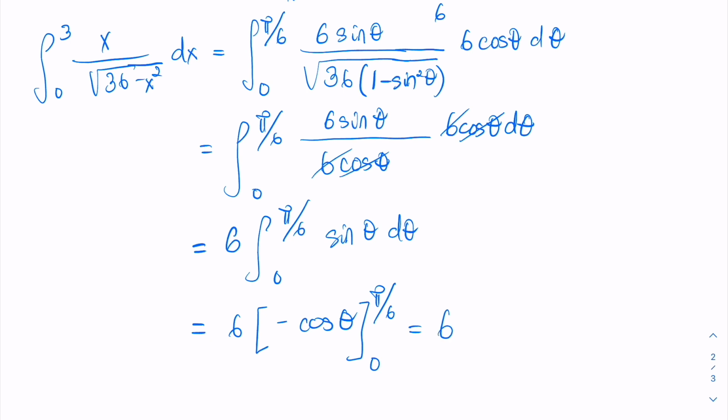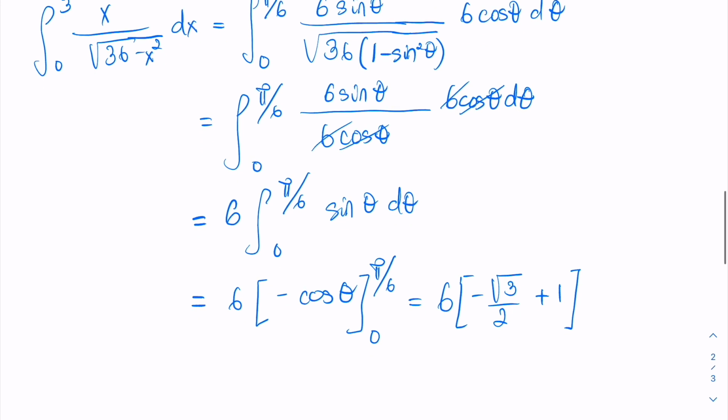So what I have, negative cosine of pi over 6 turned into negative square root of 3 over 2. And then when you put negative cosine theta of 0, you get negative 1. So it turns into a positive 1 right there.